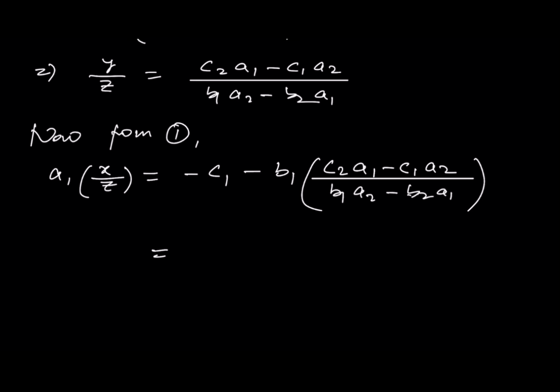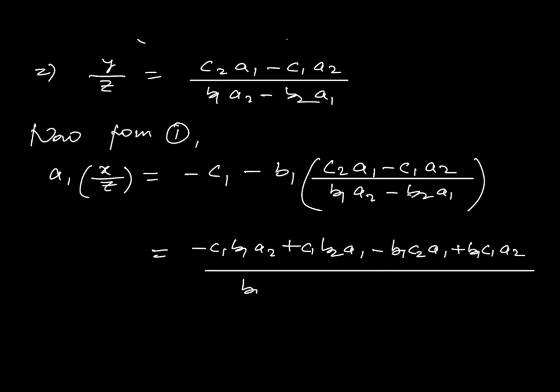So by taking LCM it will be minus c1 b1 a2 plus c1 b2 a1 minus b1 c2 a1 plus b1 c1 a2 upon (b1 a2 minus b2 a1). This is a1 times x by z, right?